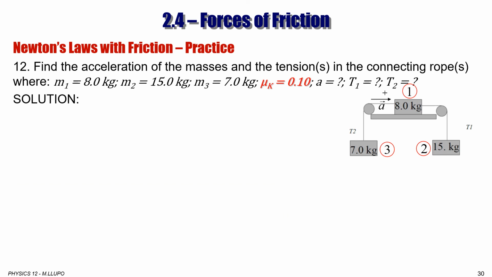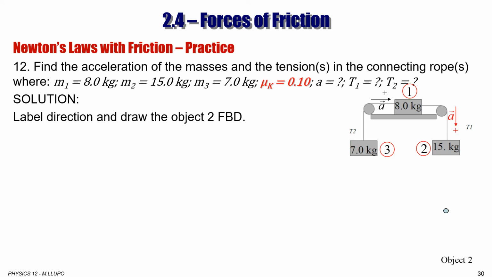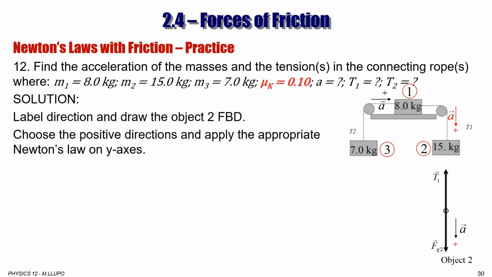Since those two blocks are hanging in the air, there's no friction on either, so we have exactly the same as we had before. We start with object 2, Fg2 and T1. It is accelerating, the direction is down, so that's why the positive direction is down.